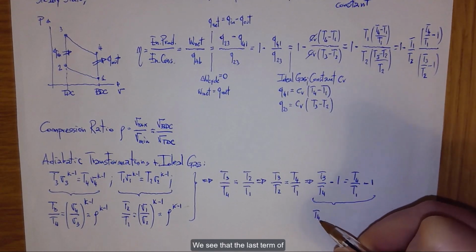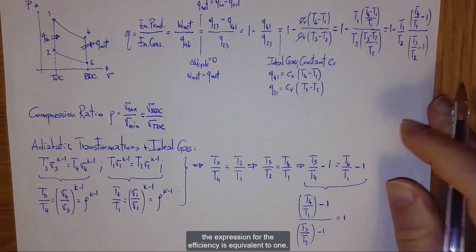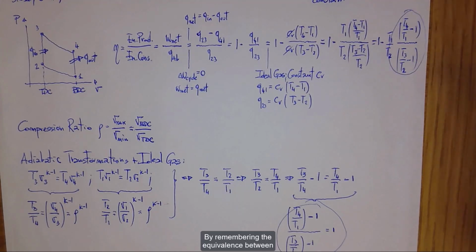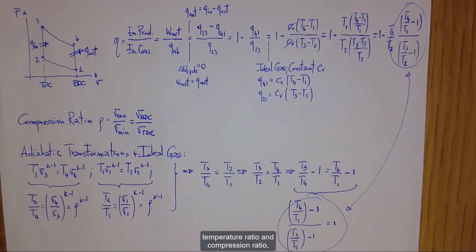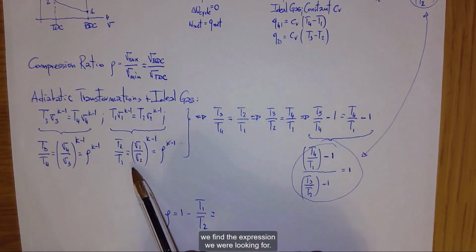We see that the last term of the expression for the efficiency is equivalent to 1. By remembering the equivalence between temperature ratio and compression ratio, we find the expression we were looking for.